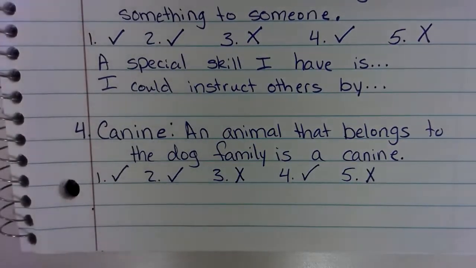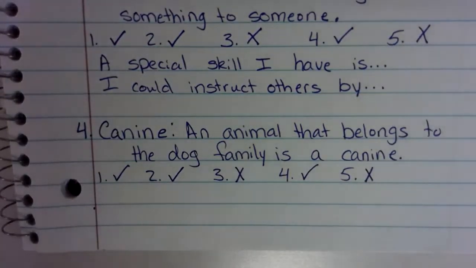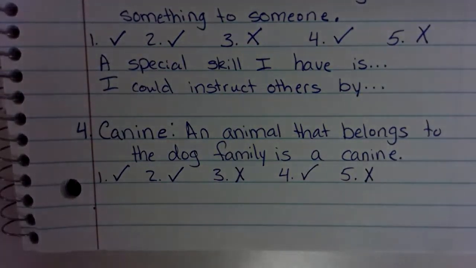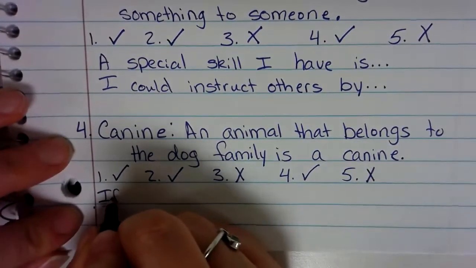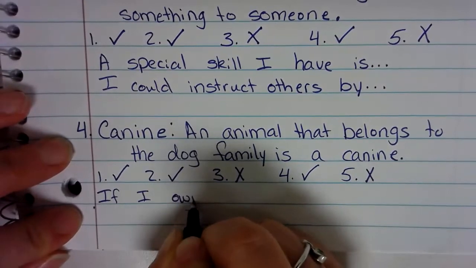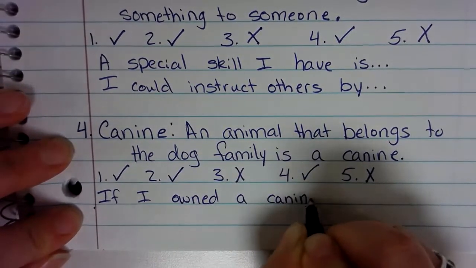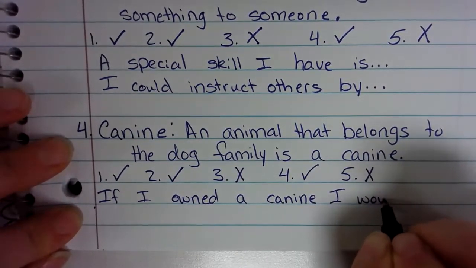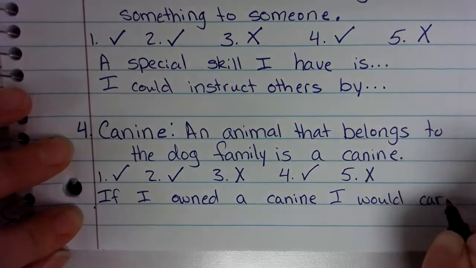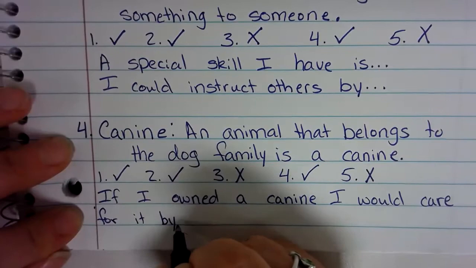All right, so we're going to go to this next line for our writing prompt. If you own a canine, what would you do to care for it? If you owned a canine, what would you do to care for it? You can start by writing, if I owned a canine, I would care for it by.